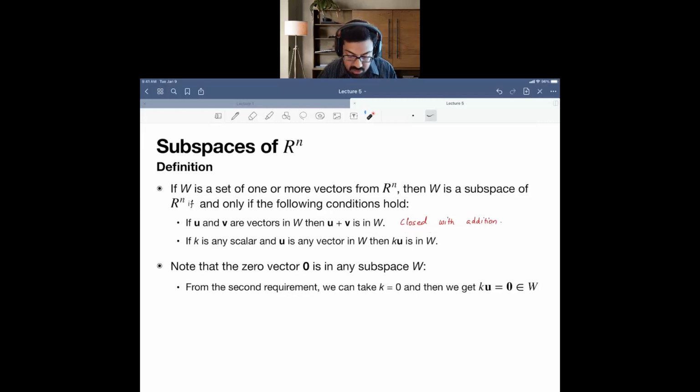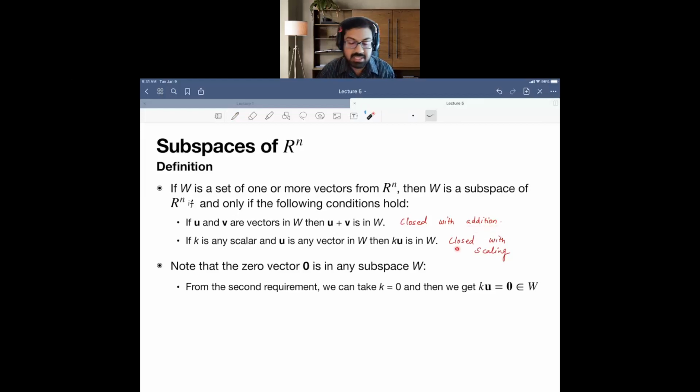And the next one is with a scalar k. So if k is any scalar, U is any vector in W, then if you scale that vector, it should also belong to the same subspace. So here it is closed with scalar multiplication, right? Closed. I can just say scaling, closed with scaling. So you add two vectors, it also should belong to the same subspace.